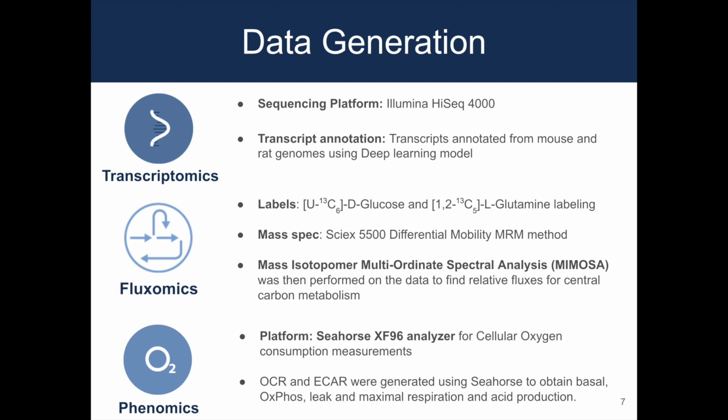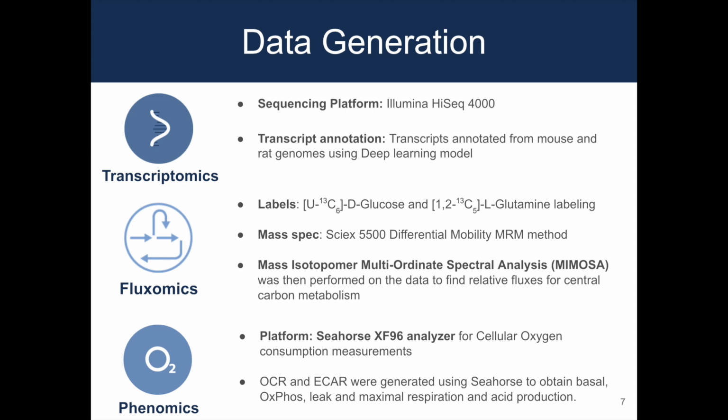For the purpose of transcriptomics, we used the Illumina HiSeq 4000 sequencing platform. Transcript annotation was done using deep learning models. For fluxomics, we used uniformly carbon-labeled D-glucose and 1,2 carbon-labeled L-glutamine labeling strategies.